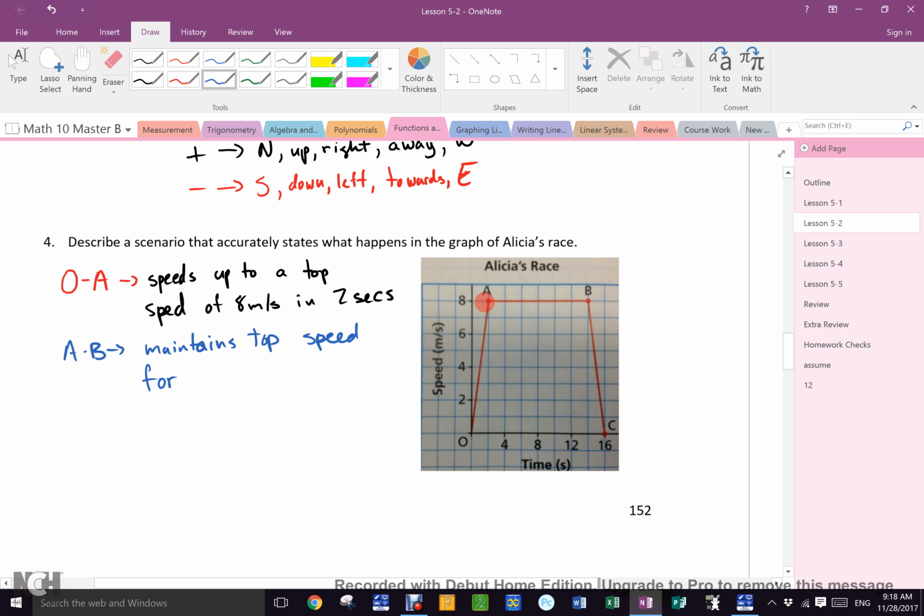She gets up to top speed in 2 seconds and maintains it till 14, for 12 seconds. And from B to C, what is she doing? She slows to a stop in how long? 2 seconds. Is everybody cool? All right.